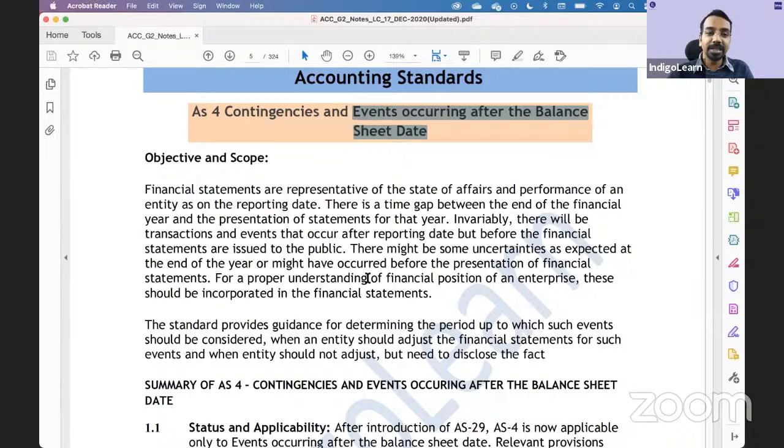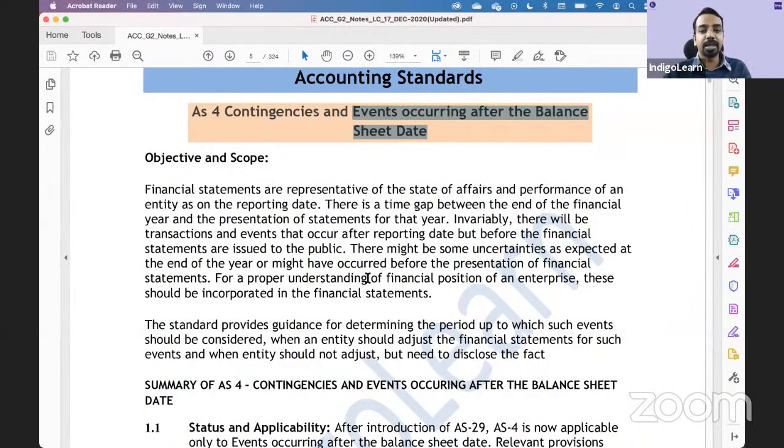So, there is a contingency that the debtor will not pay us the amount. And when there is this kind of contingency, there may be a contingent loss, because of which we create something called as provision for bad debt, right? Now, don't get confused. This provision is not provision as per AS 29. This is just an allowance for bad debt. That is as far as contingency is concerned. Don't need to break your head more than that in this case.